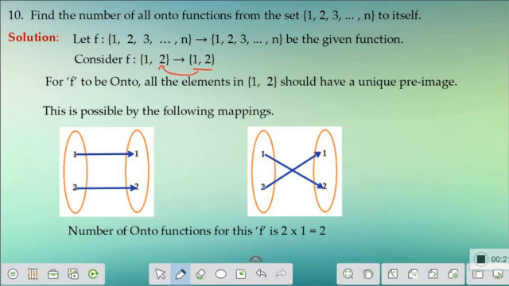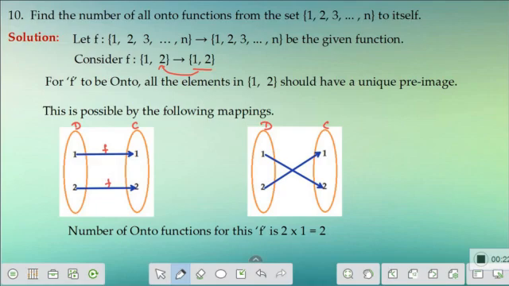So this is the first set. I'll mark it as D, which is nothing but the domain set, and here I'll mark it as C, which is nothing but our codomain. So I have the elements in the domain as 1 and 2, and in the codomain I also have elements 1 and 2. Let me see what are the different combinations I can have. So 1 to 1 and 2 to 2 is one way of having a unique pre-image.